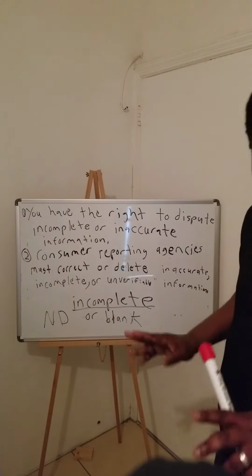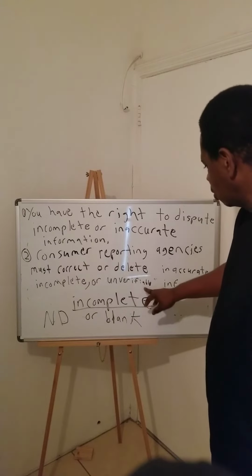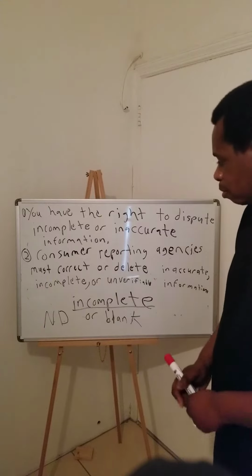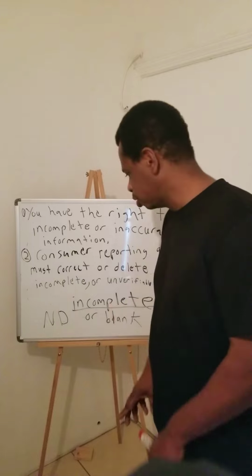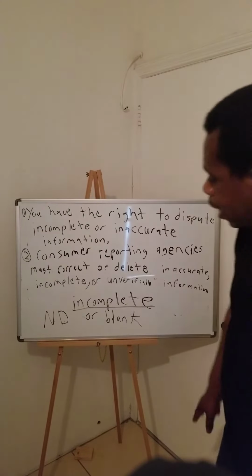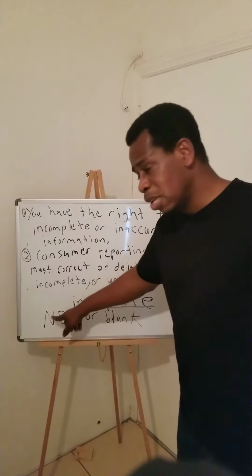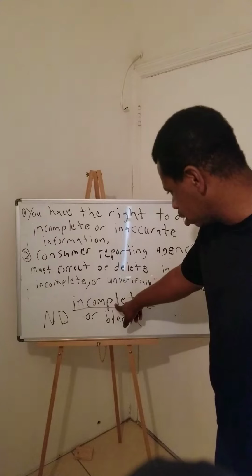So what I suggest you do, you don't have to worry about the inaccurate. You could do another thing. Incomplete. You could dispute incomplete. So for example, if you see ND or no data, or they put no data in your credit report, it's incomplete.